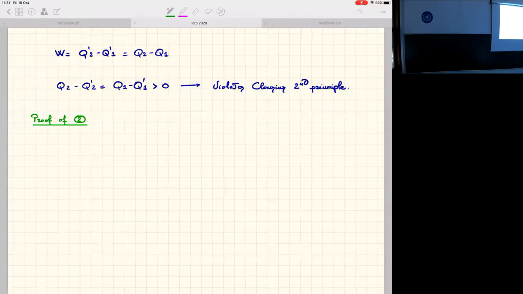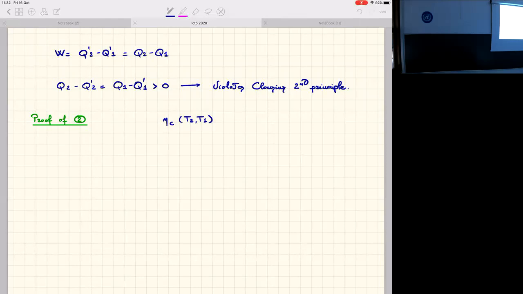Obviously, it's going to be just a function of T2 and T1, because these are the only properties that I'm fixing. But which function, I don't know at the moment. Therefore, I have to cook up a reversible cyclical engine that operates between these two temperatures, and that allows me to calculate this efficiency.